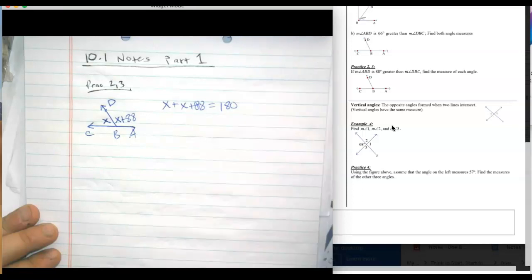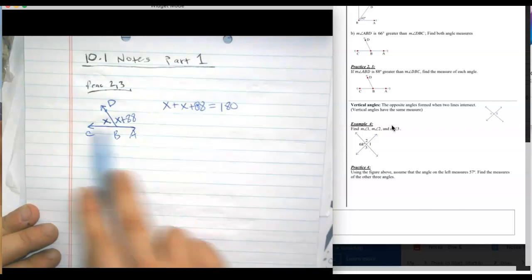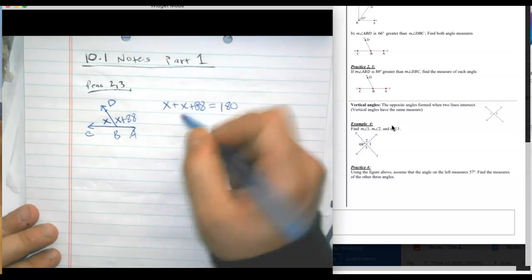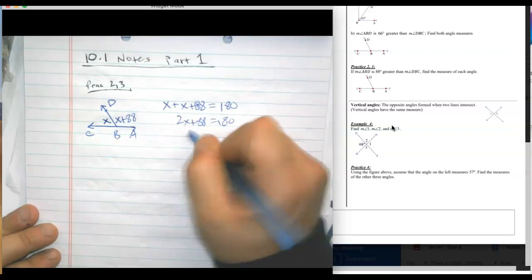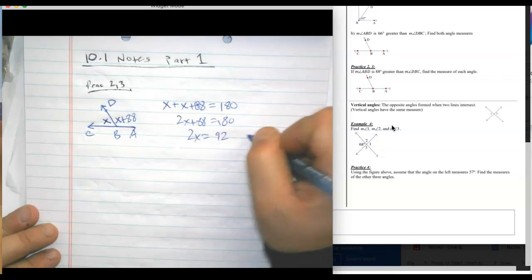It's called a linear pair. They're also supplementary angles if you want to go there, but again, two angles that form a line are a linear pair, and linear pairs are always supplementary, meaning they always add up to 180. So 2x plus 88 equals 180, subtract 88 and get 2x equals 92.